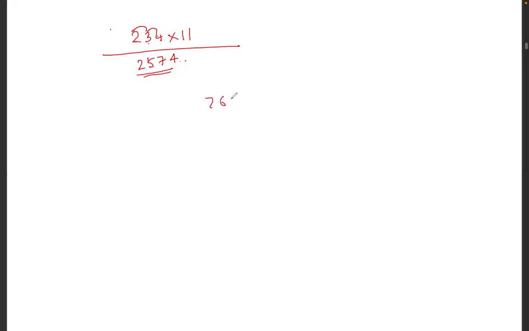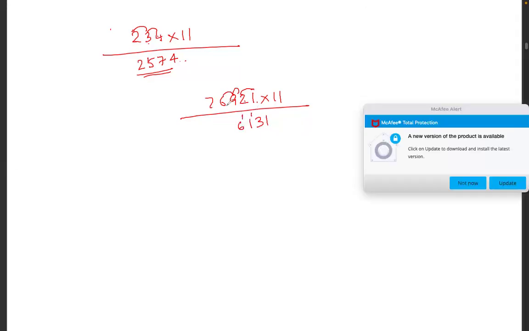47,921 into 11. What will I do? Start from the unit digit. So write the unit digit as it is, 1. Then add up these two digits. 2 plus 1 is 3. Fine. Then these two. So 9 plus 2 is 11. Right? Write 1, carry 1. Then 7 plus 9 is 16. 16 plus 1, 17. So 7, carry 1.